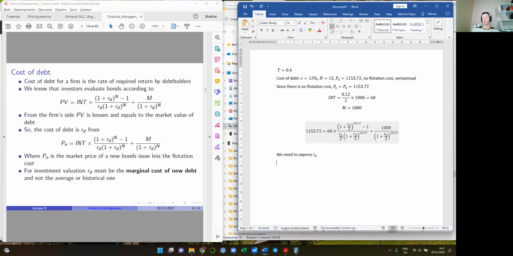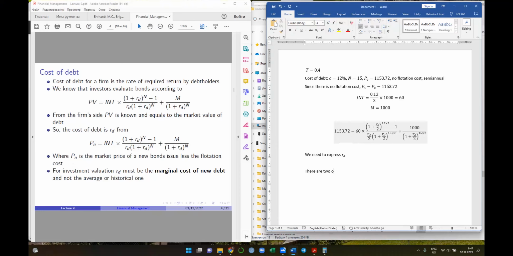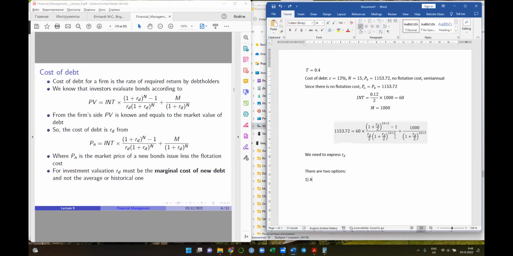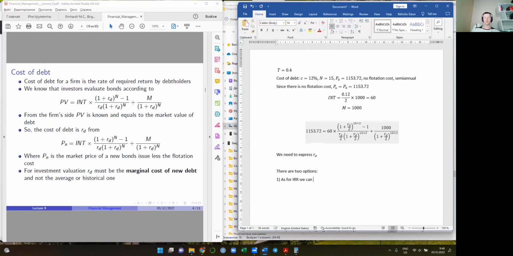We have two options. First option, as for internal rate of return, we can use interpolation.